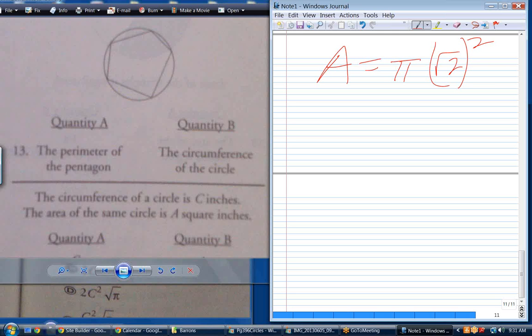So we're not dealing with angles. Conceptually, let's look at this little piece over here. What's longer, the side of this pentagon or the circle right there, that arc? The circle. And in this section up here, what's longer, the side of the pentagon or the arc? The arc. So which is bigger, the circumference of the circle or the perimeter of the pentagon? The circumference of the circle.